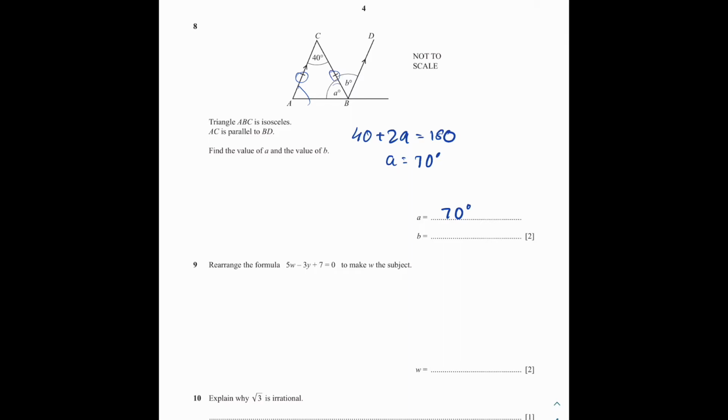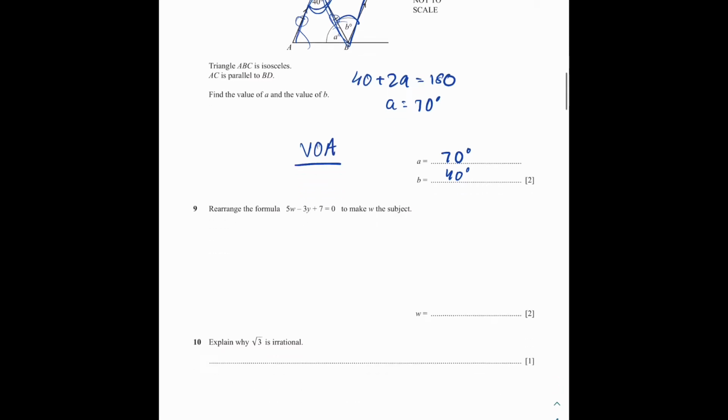And you can see this forms some sort of C-ish. So you'll know that this angle and this angle should be the same because of vertically opposite angles like this. So B must be 40 degrees because vertically opposite angles. Okay.